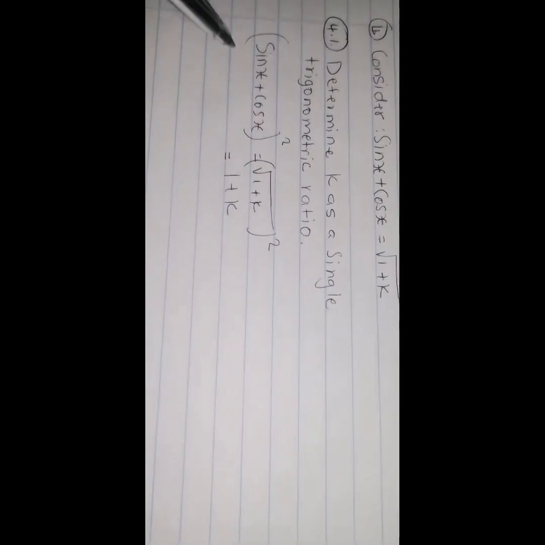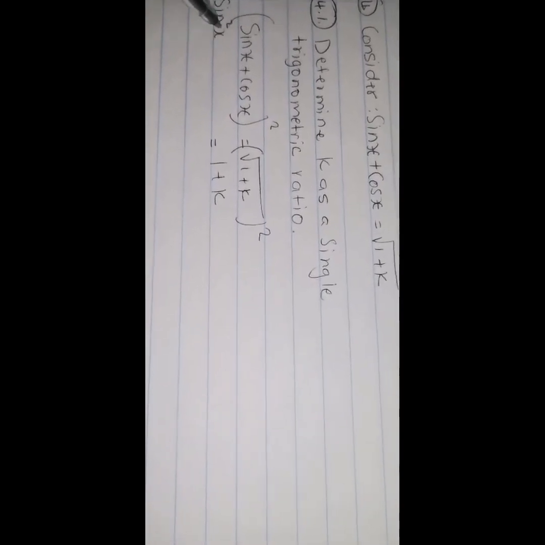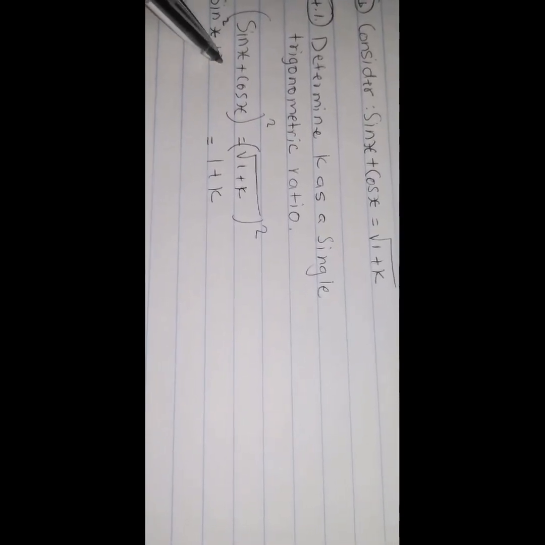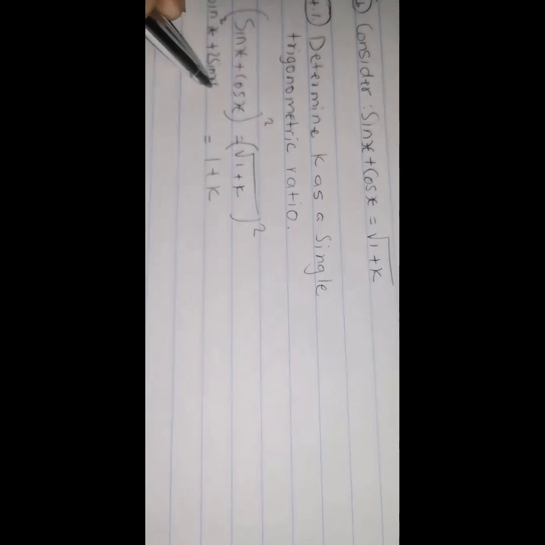If you simplify this on your own, you're going to open the two brackets of sin x plus cos x and use FOIL, multiplying out brackets. You're going to be left with sin squared x plus 2 sin x cos x plus cos squared x.